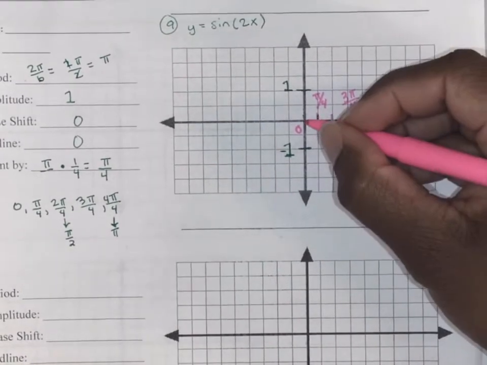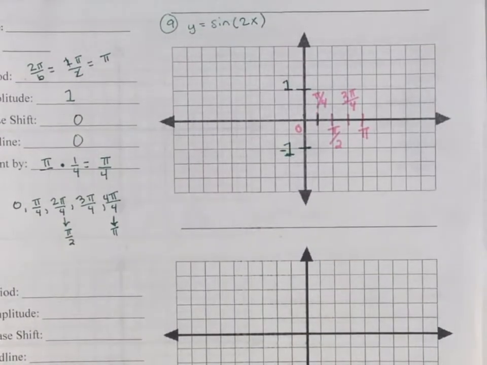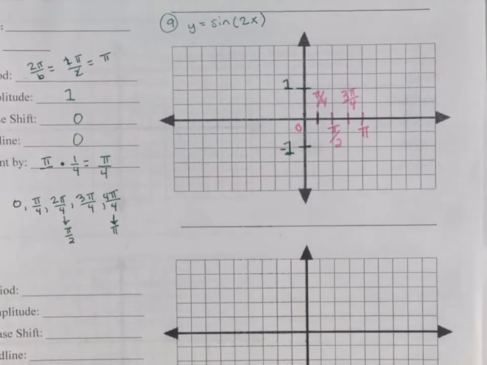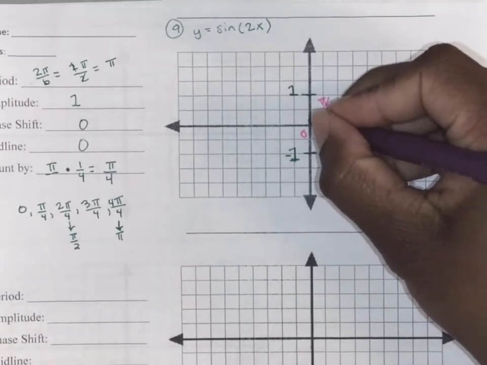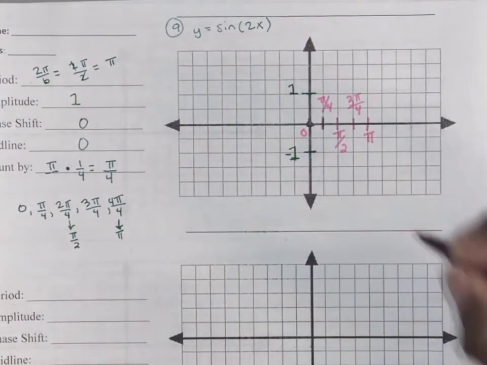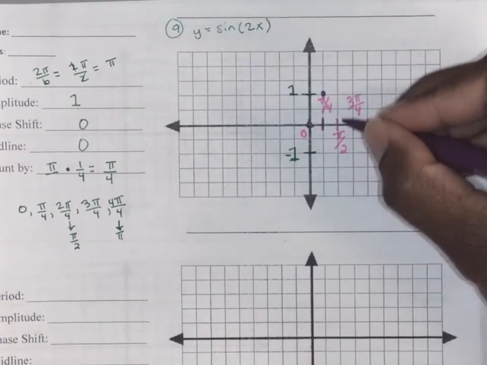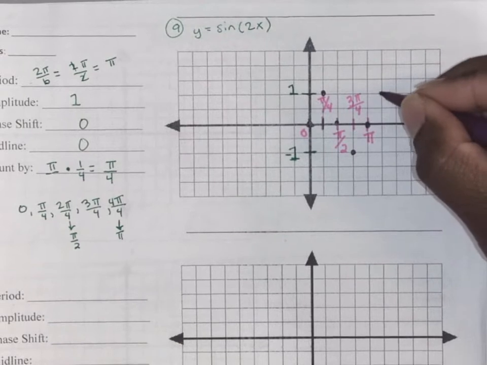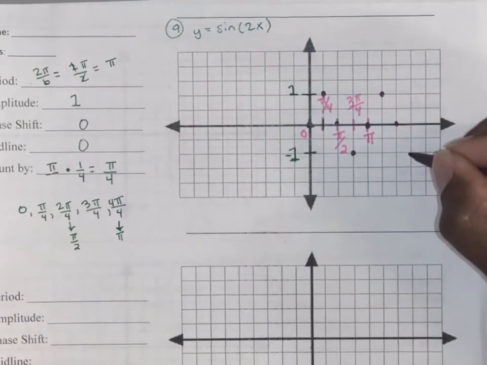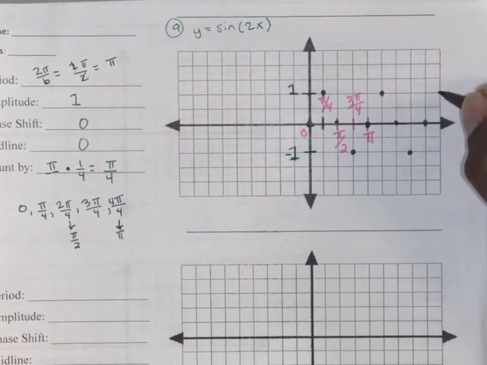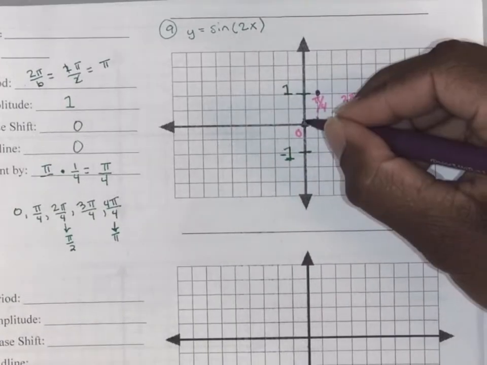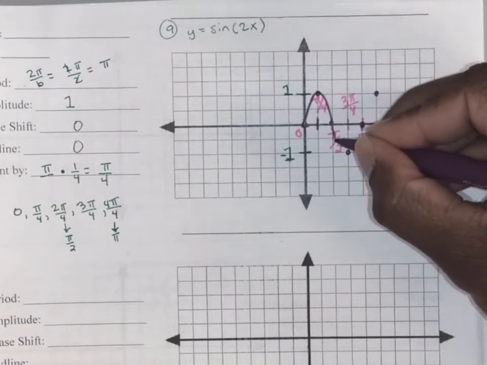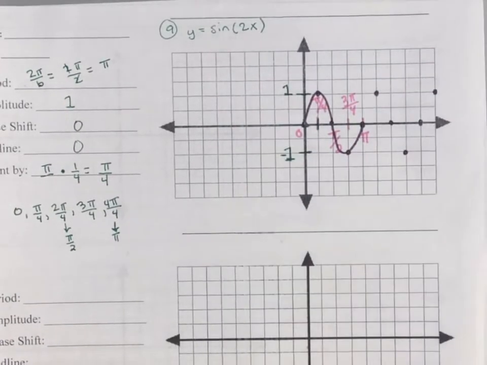Since this is sine, I start at the origin. And there isn't a reflection, so I go up first and then I follow the pattern. I keep working my way to the right and just going to the next spot. Amplitude, midpoint, top of the amplitude. And my first cycle is something like this.